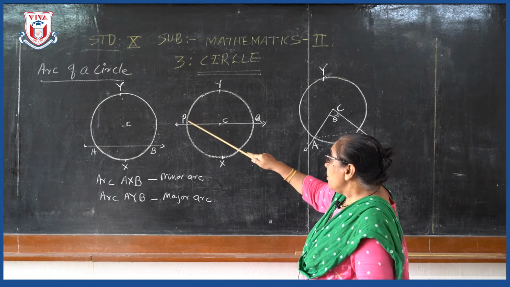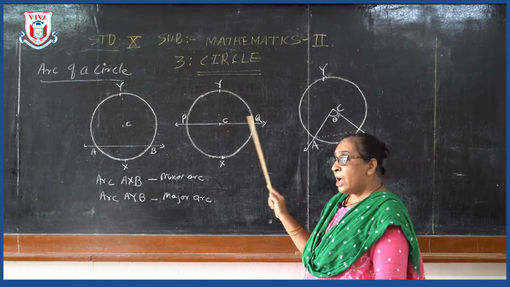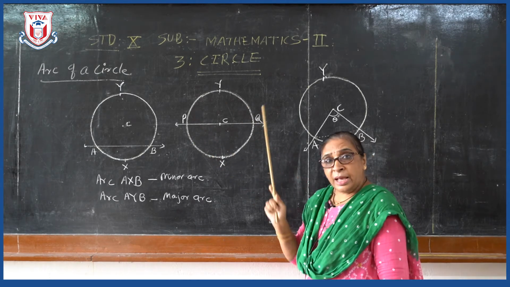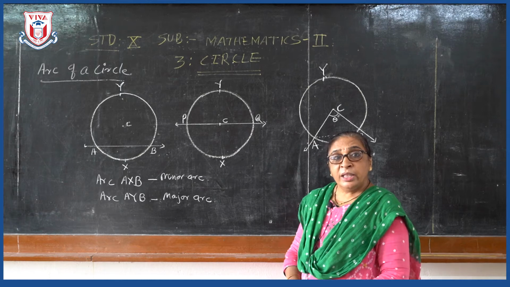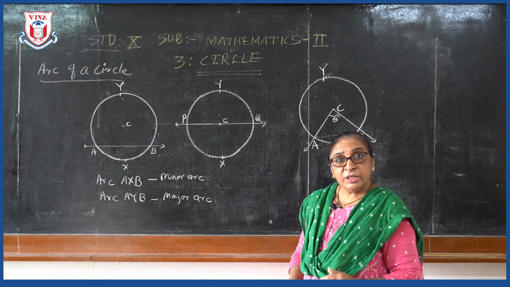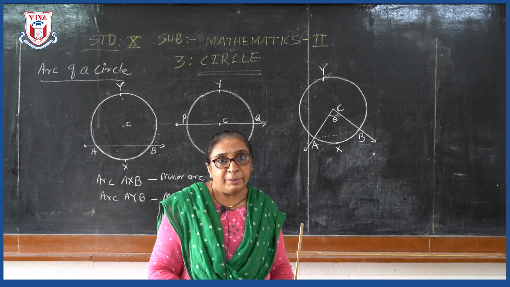And when the parts are equal, here also we can explain them as arc PXQ and arc PYQ, but as they are equal, they are called semicircular arc because they are formed by the diameter.